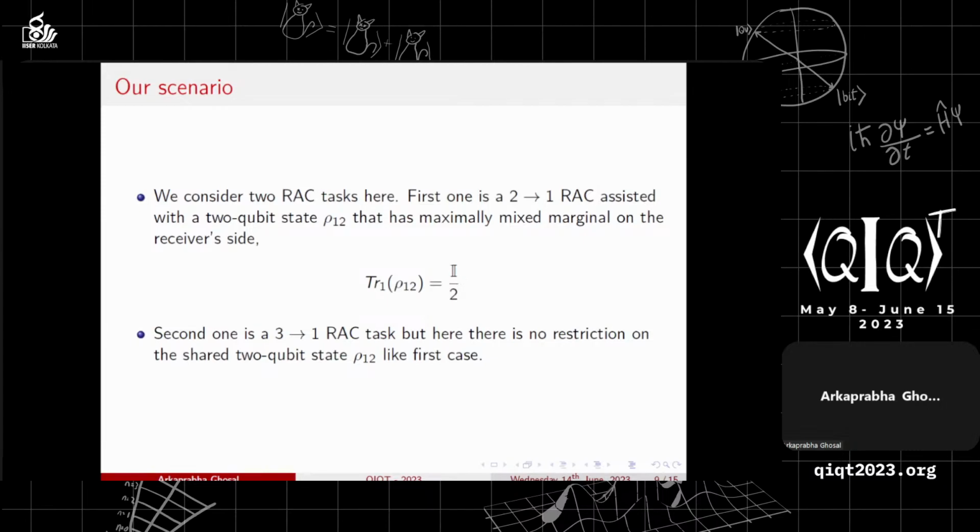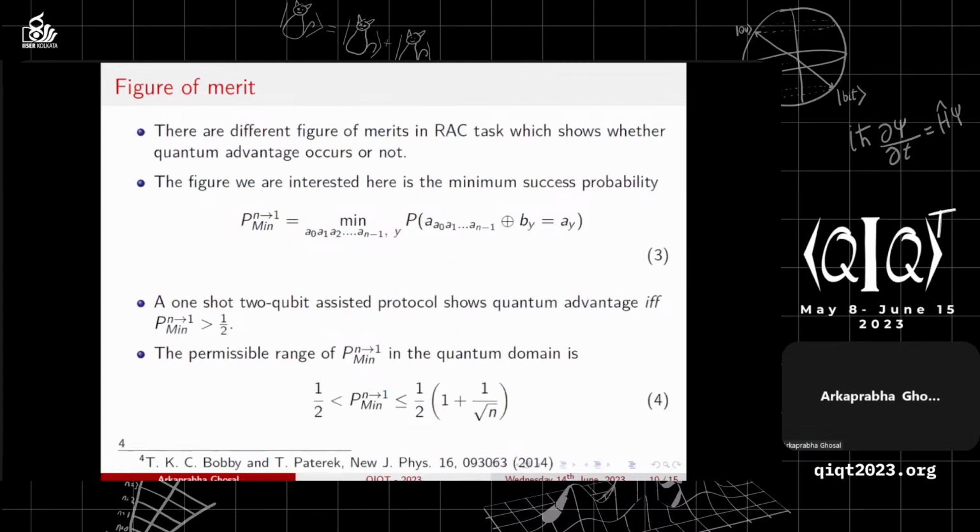The second condition is that when they play the 3-to-1 RAC game, there will be no restriction on the state space structure of the 2-qubit state. Okay, so we restrict ourselves only to 2-to-1 and 3-to-1 RAC. So these are our basic conditions. Now, what is our figure of merit?